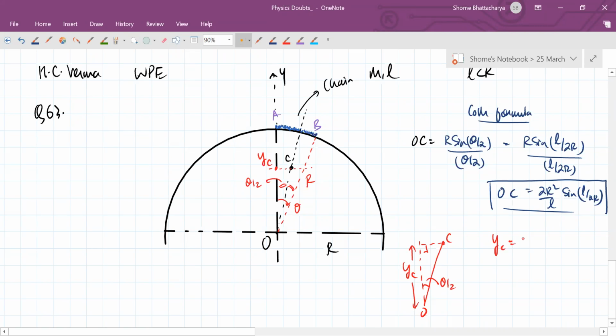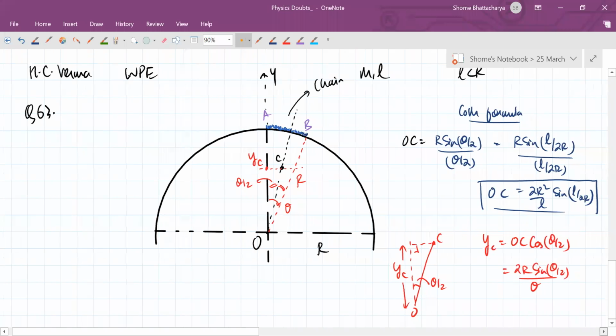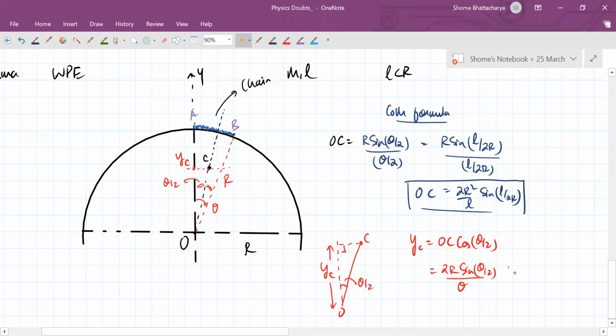So this y coordinate will be OC cos theta by 2, that is 2r sine theta by 2 divided by theta, times cos theta by 2.